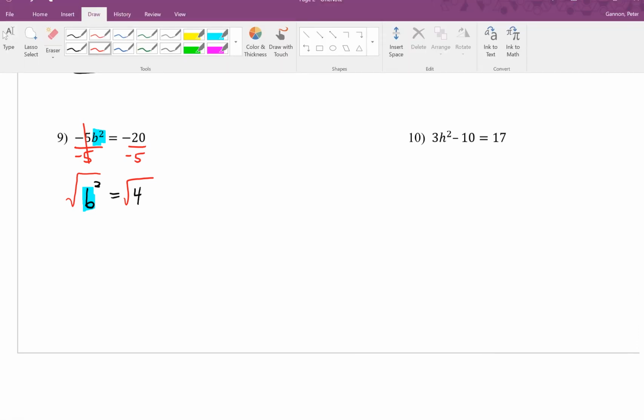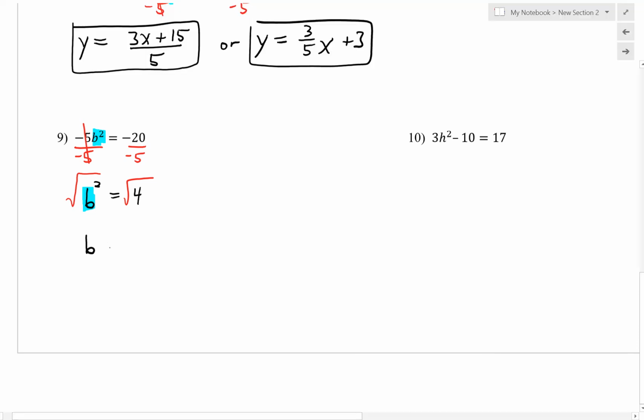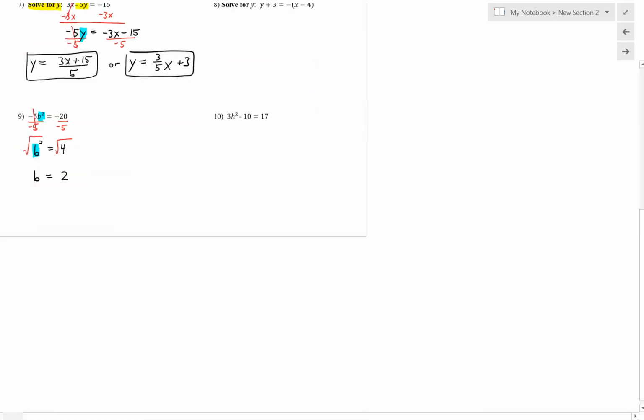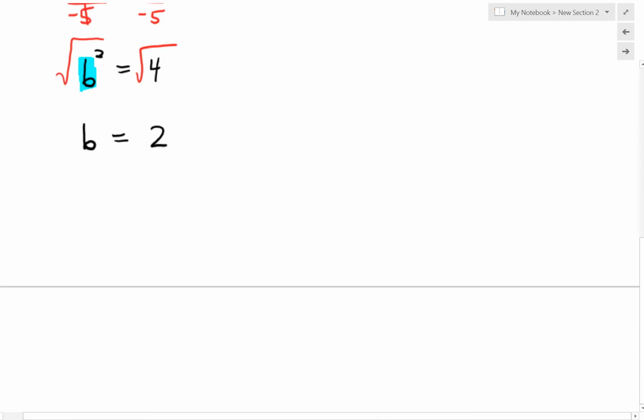With the left hand side, that's going to leave us with b, and then on the right hand side, the square root of 4, most people are going to just say 2, which is correct. The square root of 4 is in fact 2.